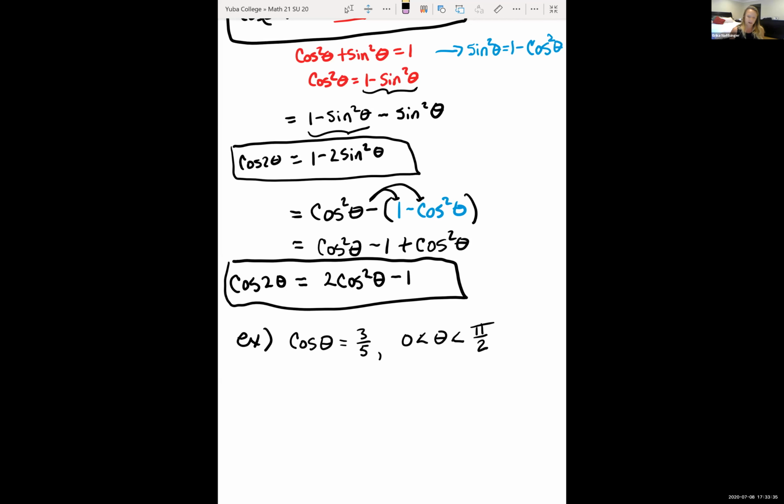So this is telling me that theta is in quadrant 1. And part A, we want to find out what sine of 2 theta is. So use this information to find sine of 2 theta.